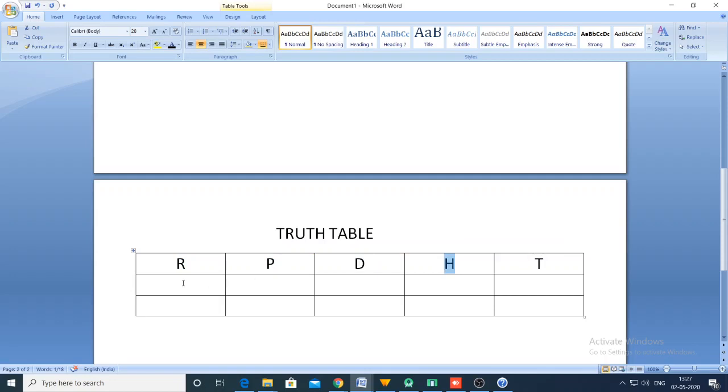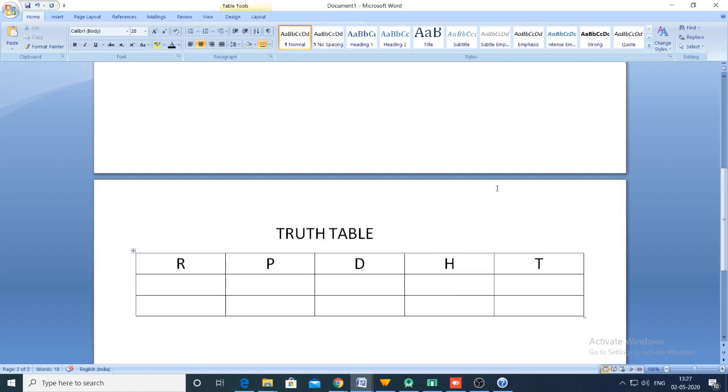For 4 input variables, we know how many combinations would occur in the truth table: 2 to the power 4, that is 16 combinations. How can we fill all those 16 combinations?